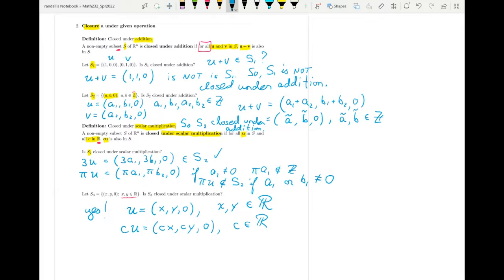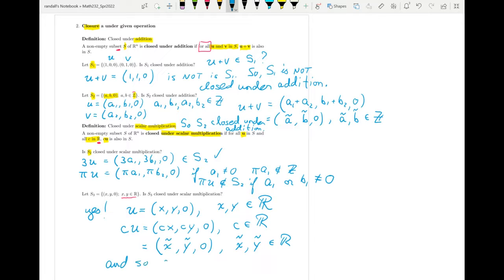Now c is an arbitrary scalar. So I've taken an arbitrary vector u in S3, and an arbitrary scalar c. And now I have to check, is this new vector of the form specified in the definition of S3? So I'm going to rewrite that as an x tilde, a y tilde, and a 0. Because c times x is a real number and c times y is a real number, I know that x tilde and y tilde are real numbers.